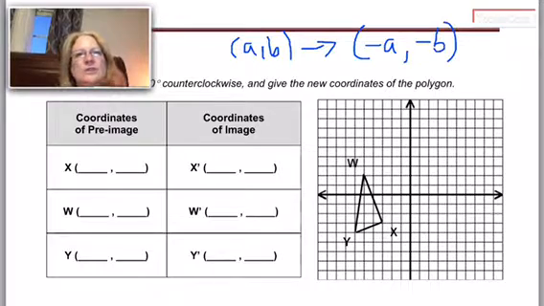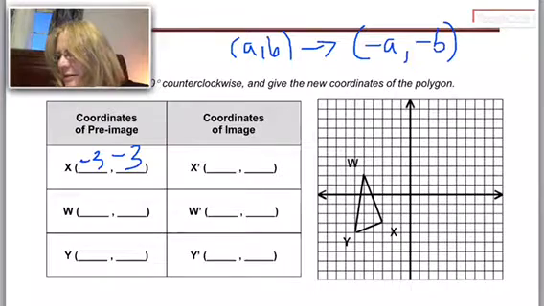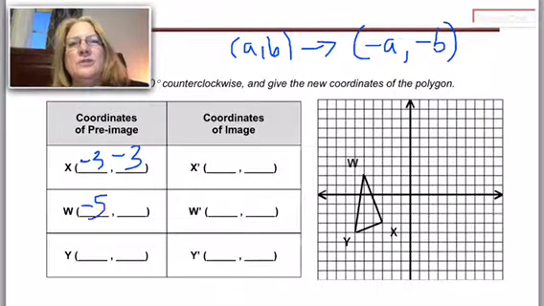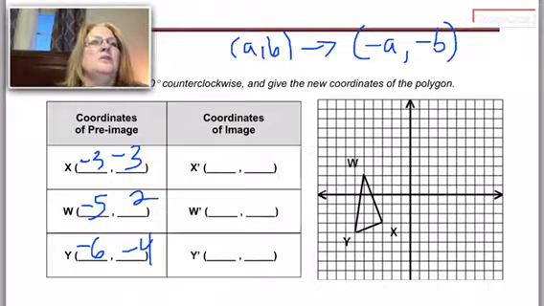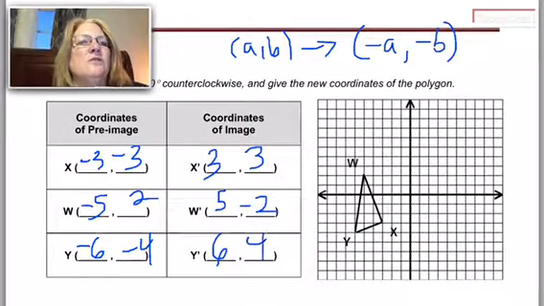Okay? So now I'm going to write the original points (-3, -3), (-5, 2), and (-6, -4). So all we do is change the sign. So this becomes (3, 3). This becomes (5, -2). And this becomes (6, 4).